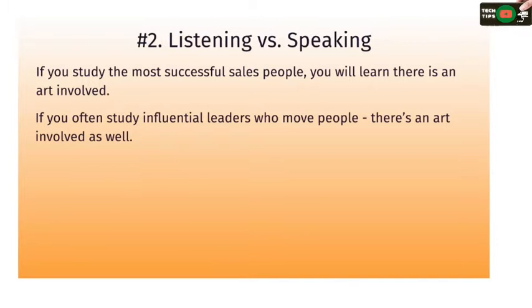One type of leader uses their authority to move people around. They're very bossy. But then you have the other type of leader who gains trust from people, and people are willing to move because they trust that leader, and they're using their influence rather than their authority. So that's the type of leader that we're talking about here.